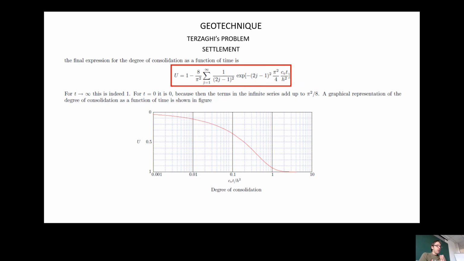So, here is what we have. We have on the x-axis the degree of consolidation. As we said, it is c_v t over H squared. H squared, again, is the layer height, T is the time, and c_v, of course, is the coefficient of consolidation, while U is the degree of consolidation.